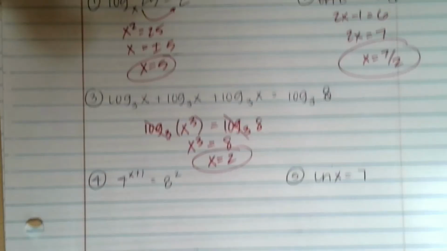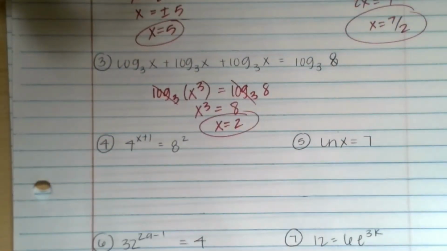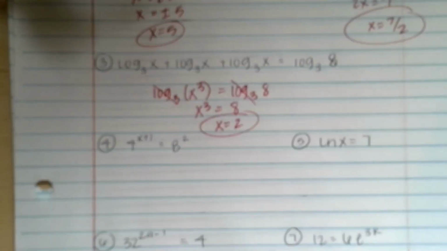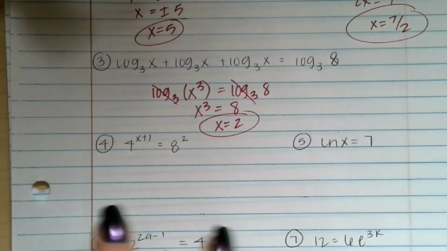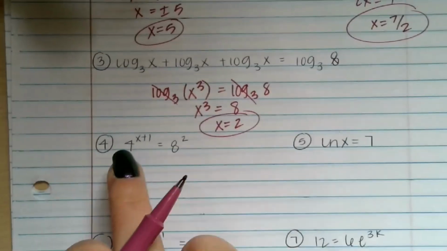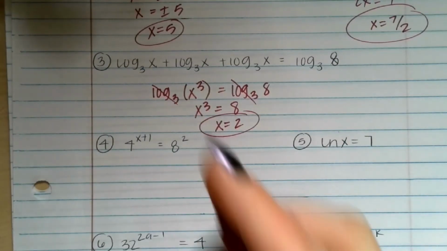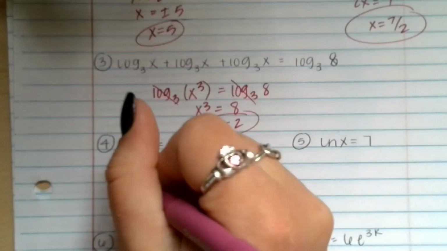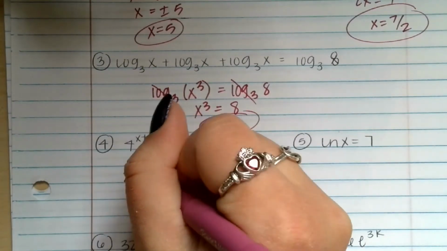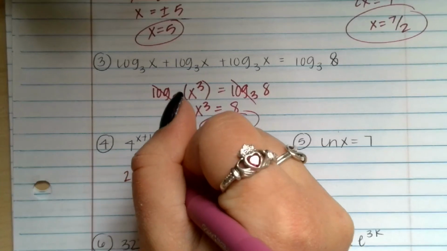Okay. Number 4 right here is a little tricky. Since they're not the exact same base, you can't really cross them off just yet. What's really important to look for is if there's a relationship between these two, between 4 and 8. We know we can write both of these as powers of 2. So 4 can be rewritten as 2 squared, and then x plus 1.